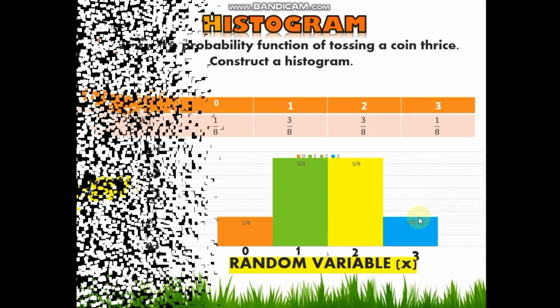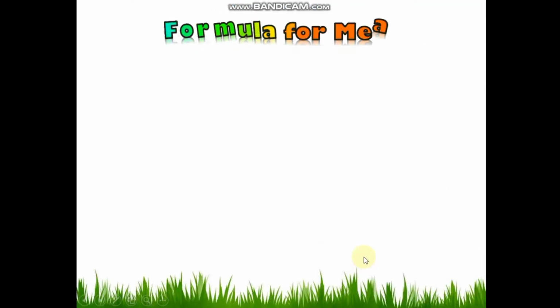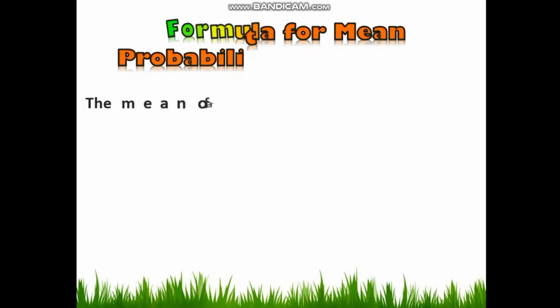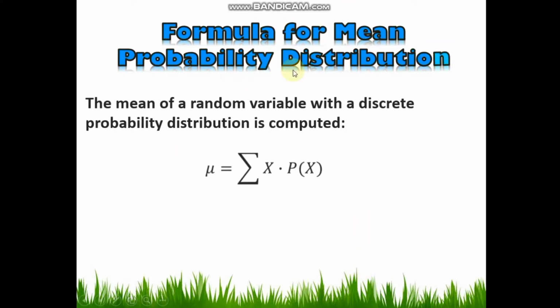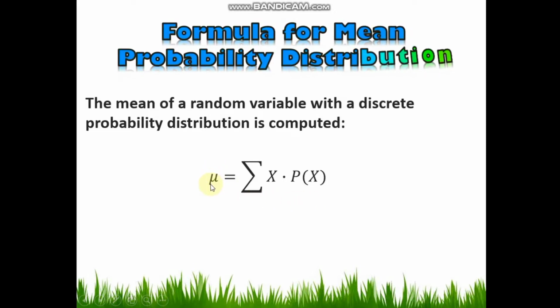Next, let's move on now to the mean for discrete probability distribution. So, for the mean of a discrete probability distribution, we have this symbol mu, or we'll just read it as mean, that is equal to this capital E, which is read as summation.